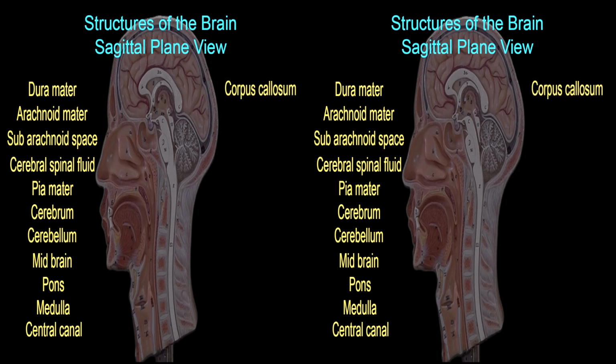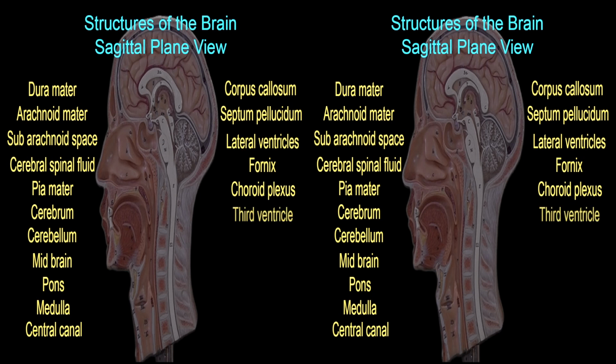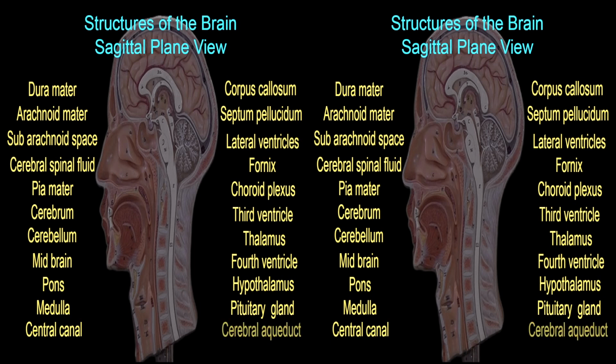Corpus callosum. Septum pellucidum. Lateral ventricles. Fornix. Choroid plexus. Third ventricle. Thalamus. Fourth ventricle. Hypothalamus. Pituitary gland. Cerebral aqueduct.